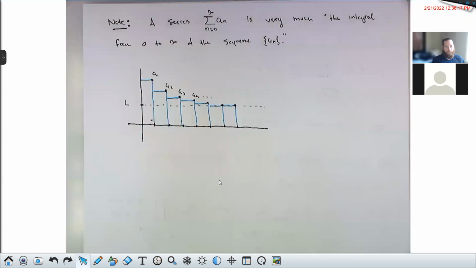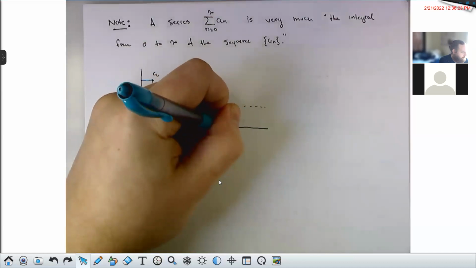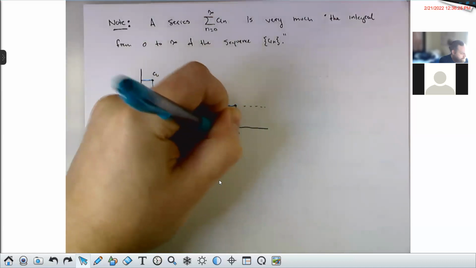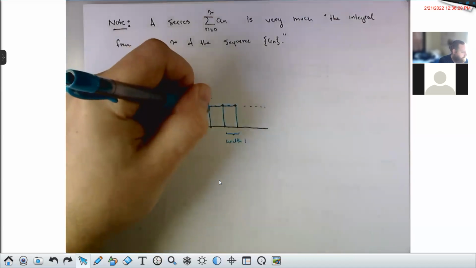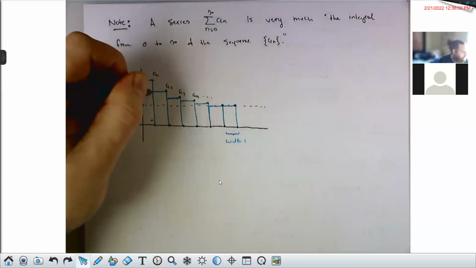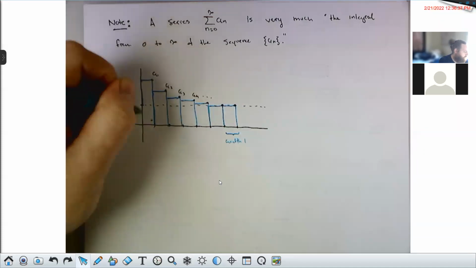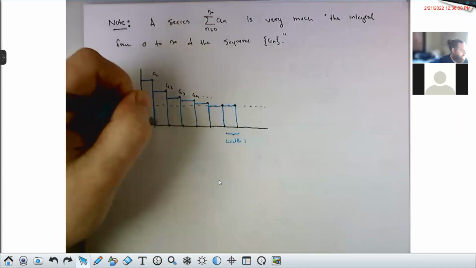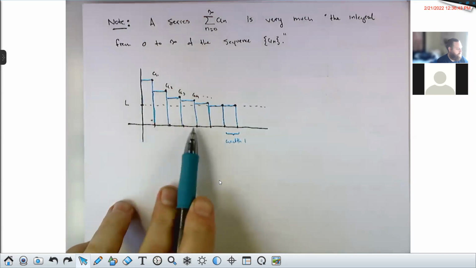Then the area of each of those rectangles is very easy to calculate because they all have width 1. Right, the width of each rectangle is 1 because the domain here is just the natural numbers, so 0, 1, 2, 3, 4, 5.